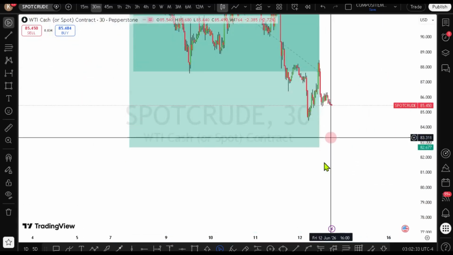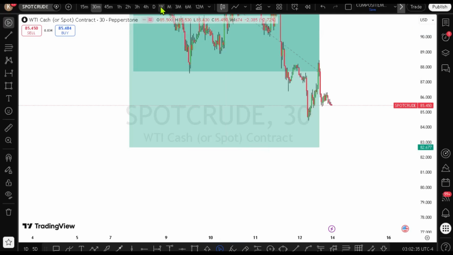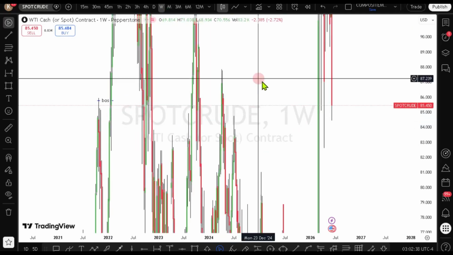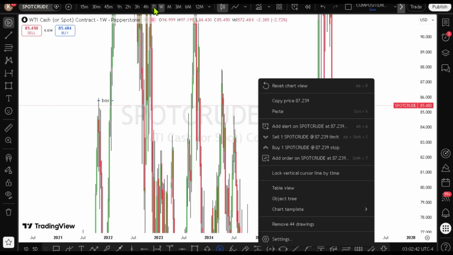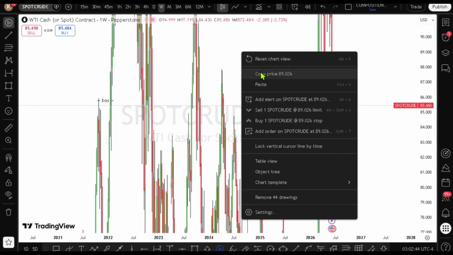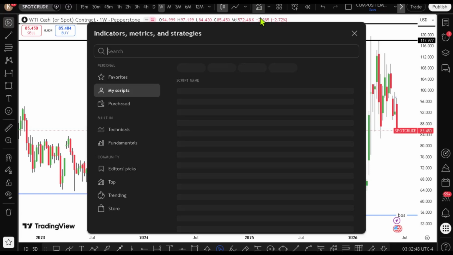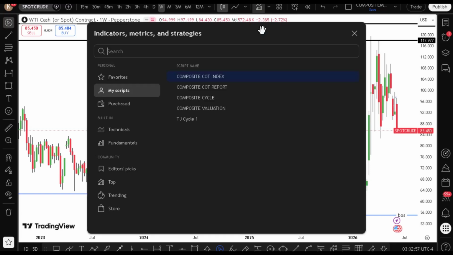But let me also have a look at what you call the fundamental picture and see where my probabilities are. But just a minute, let's bring out the COT report, and in this case, mostly I want to look at where the retailers are positioning themselves.